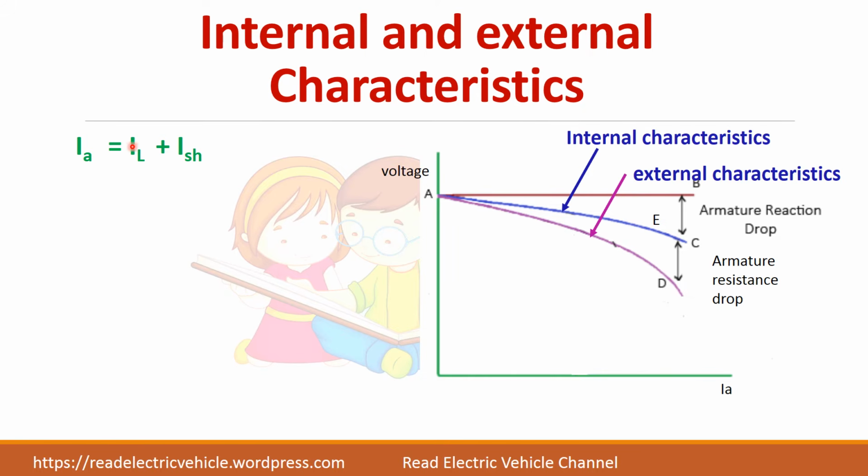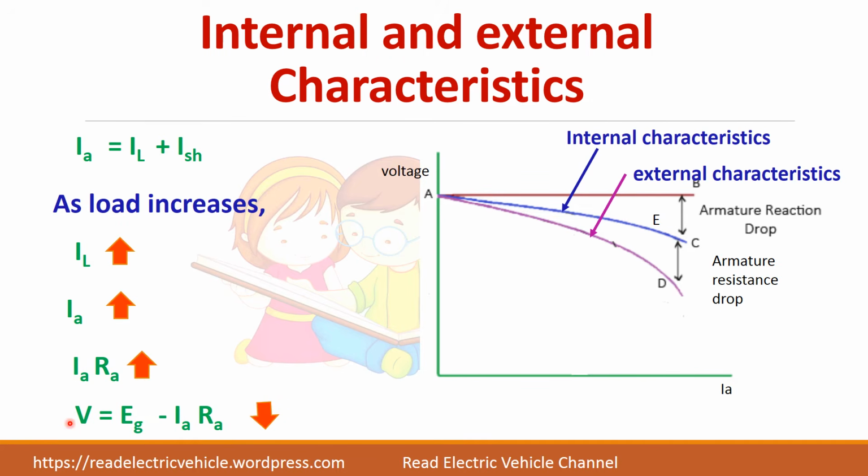So if you increase the load, what happens? IL increases, which means that IA also increases. If IA increases, the IA RA drop, because armature resistance is a fixed one, will increase. So what is the terminal voltage? V is equal to EG minus IA RA. So this part increases, so voltage decreases.